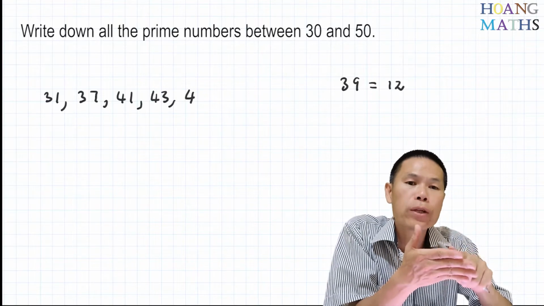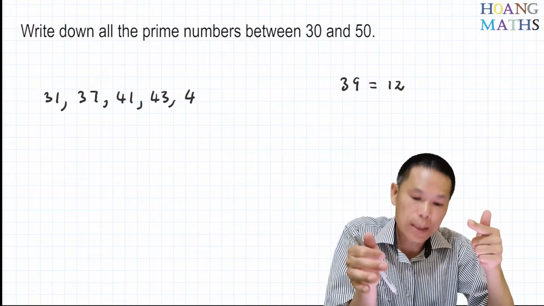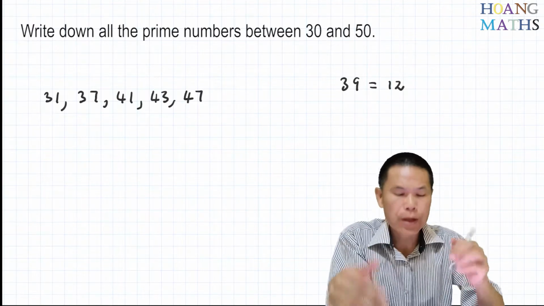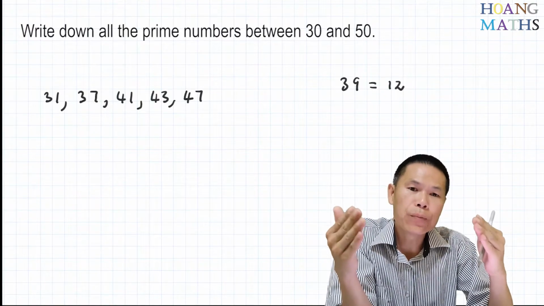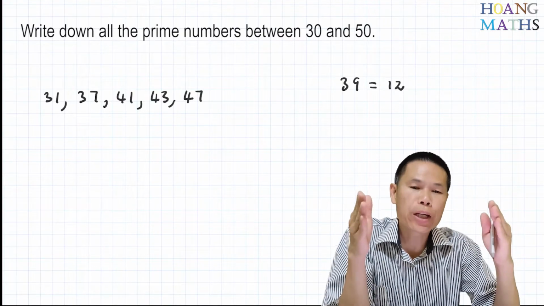In other words, 47 has two factors only, 1 and 47. And that's it. 47, because 47 has only two factors, 1 and itself. I hope you got it correct.